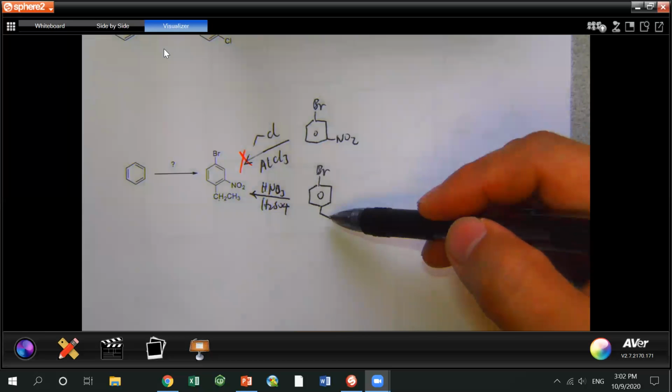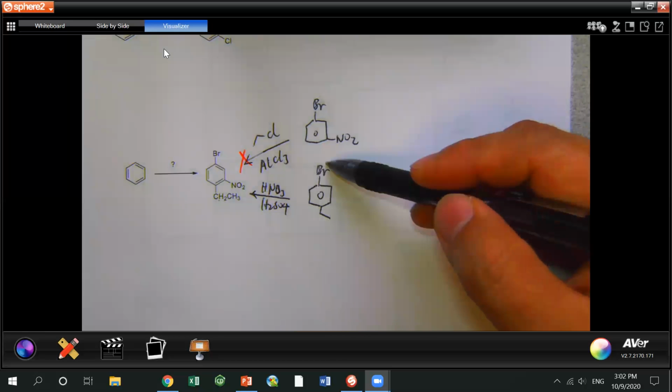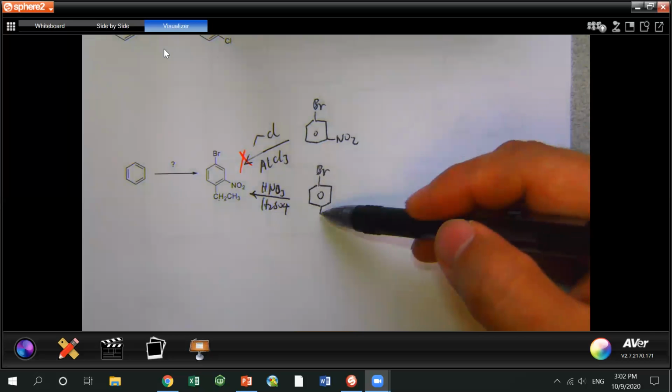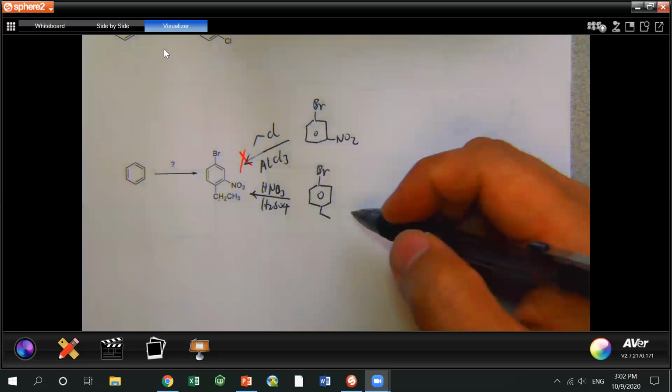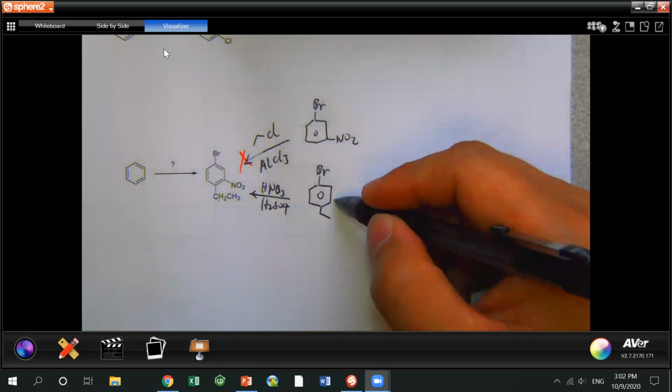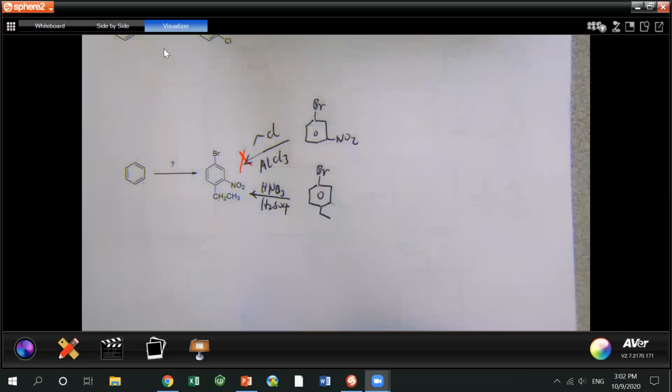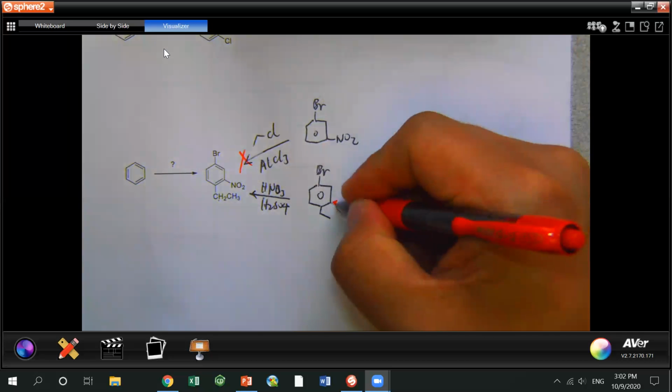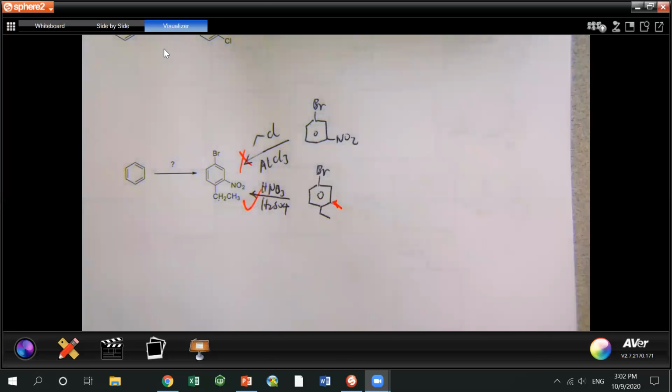The ethyl is an ortho/para director, because it's a weakly activating group, and bromine is a weakly deactivating group, so the ethyl group is the more activating one. The ethyl group can also direct para, so no problem, the nitro group can go to its para position. That means this route should work.